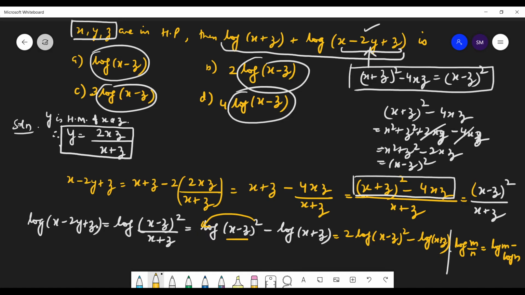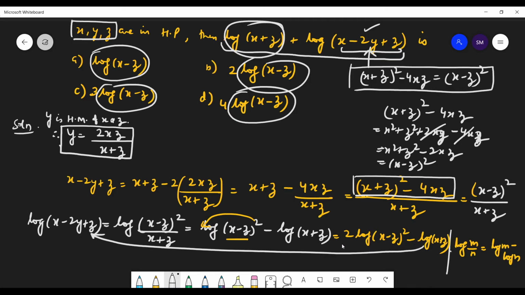See what value you have to find. So we'll take this negative to this side. This is what we need to find actually. So this will be log x plus z, and that is equal to 2 log x minus z. So that's your answer. Agreed, students?